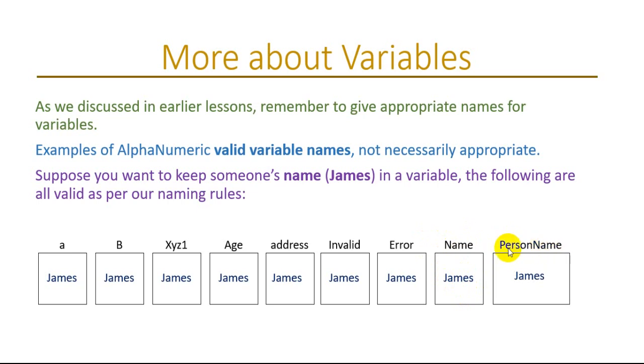When you are giving names like this, with person name like that, usually we put the first letter of the first word in capital and the other word also capital, so that it's easy to read. And you can't have spaces. Remember, variable names are not allowed to use spaces. So if you create a variable like person name with the first letter an alphabet and the rest all alphabets, it's fine. This is a valid variable name.